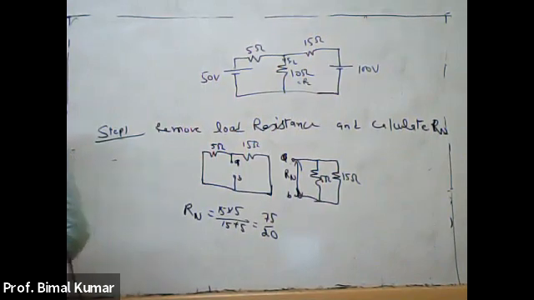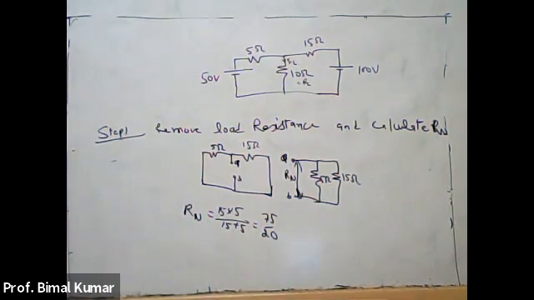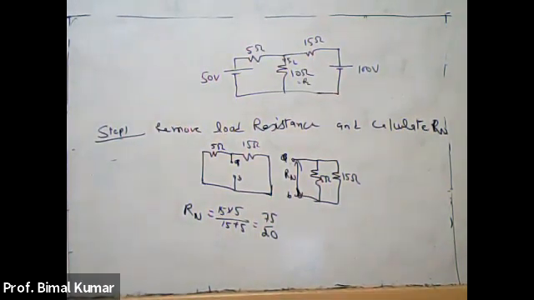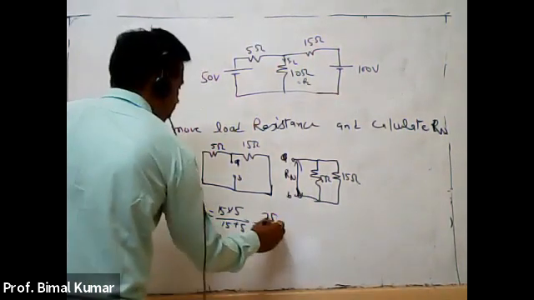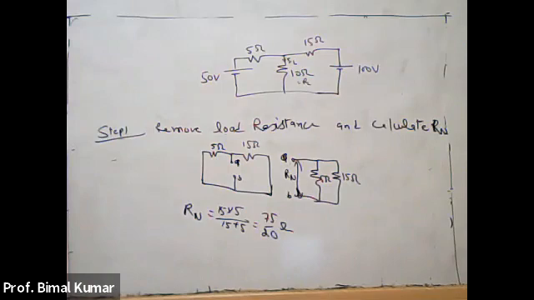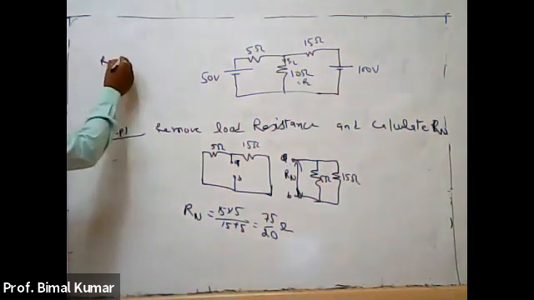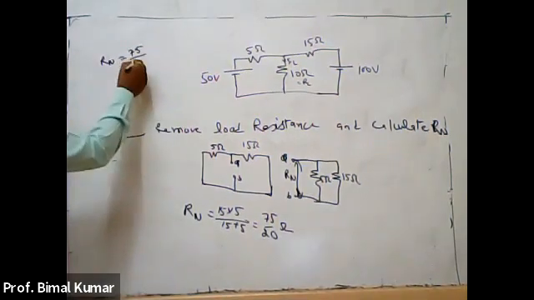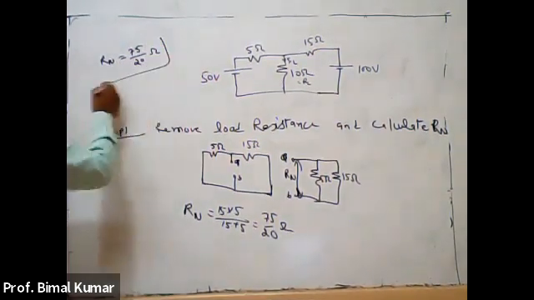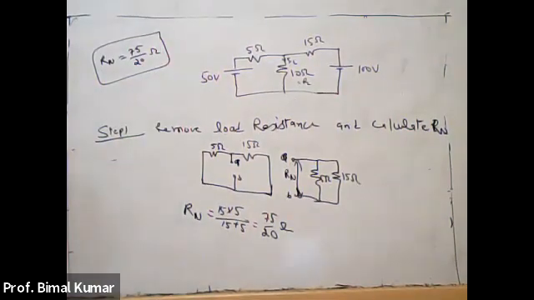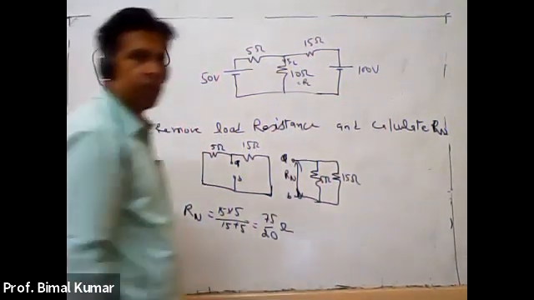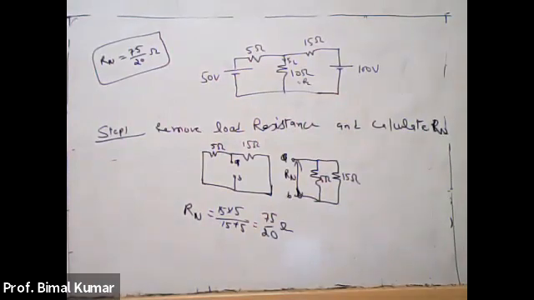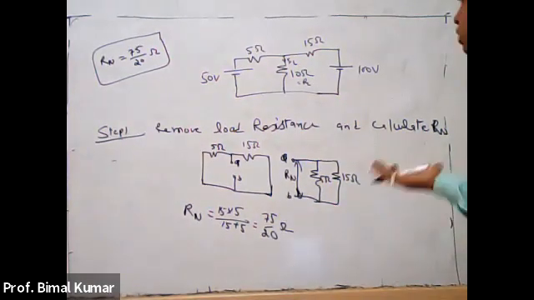So Rn is equal to 75 by 20 ohm, right? Here Rn will be the same as in the previous case because the steps are similar.